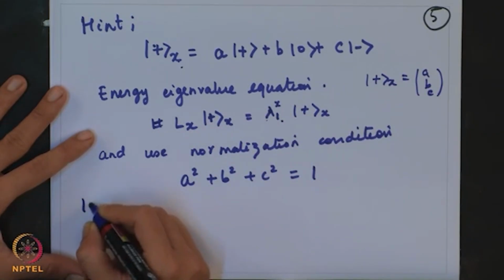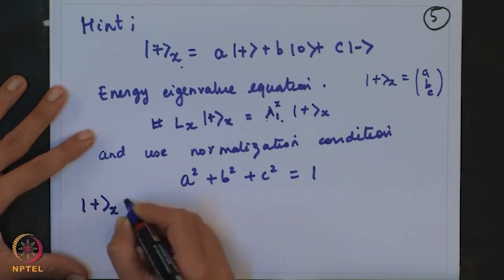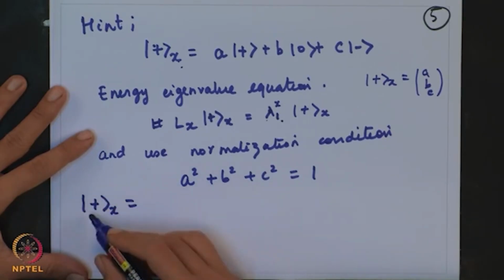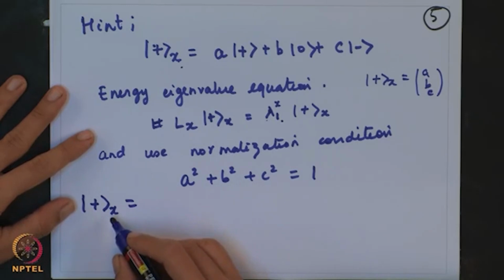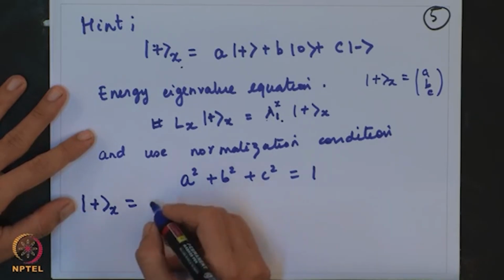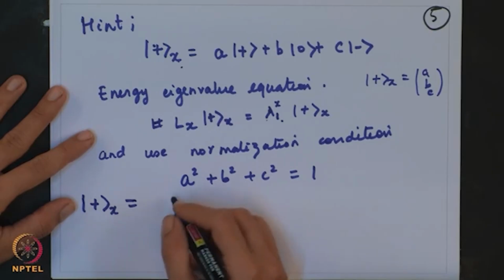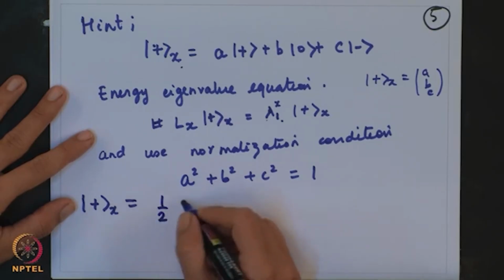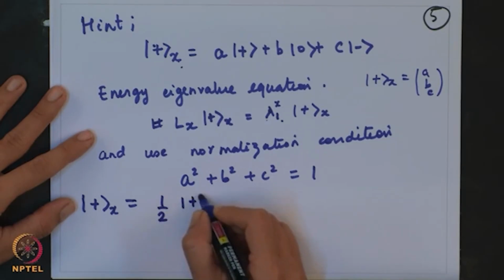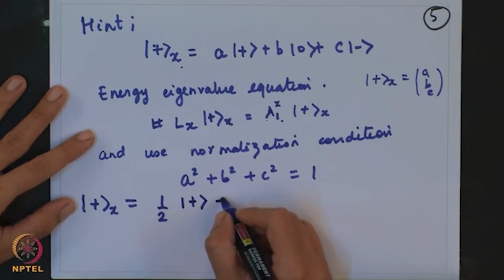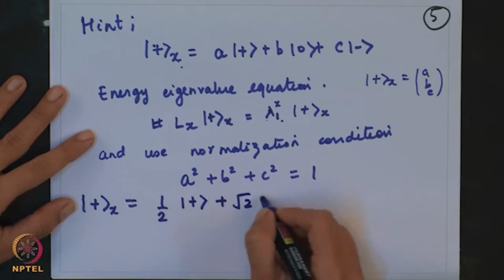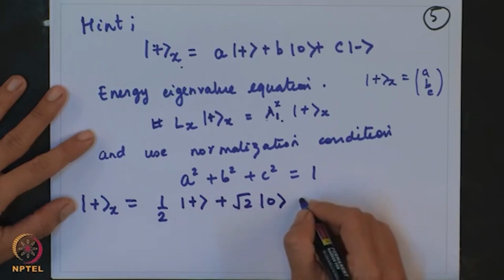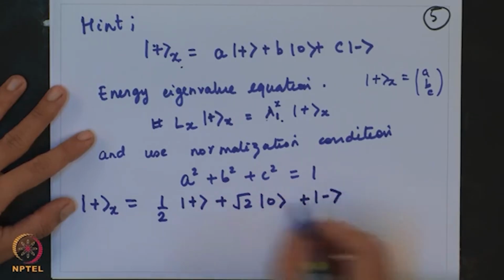So, what I have obtained is that ket plus in the x basis will be one half ket plus, plus root 2 ket 0, plus ket minus.